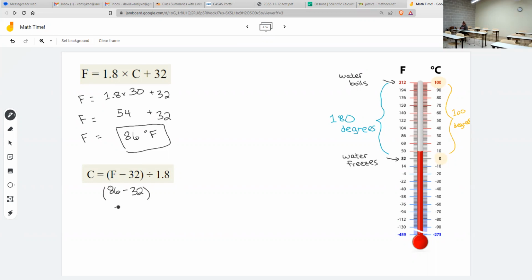So we will get 54. Then I can do the divided by 1.8. We're shrinking it down to get rid of this one. Instead of 180 degrees from here to here, now there's only 100. So what was 54 divided by 1.8? We did that up here. It's going to be 30.